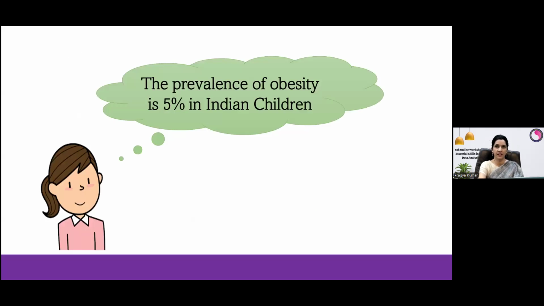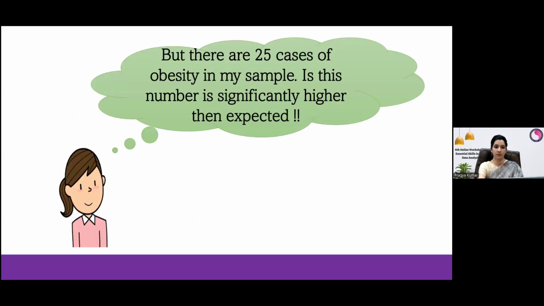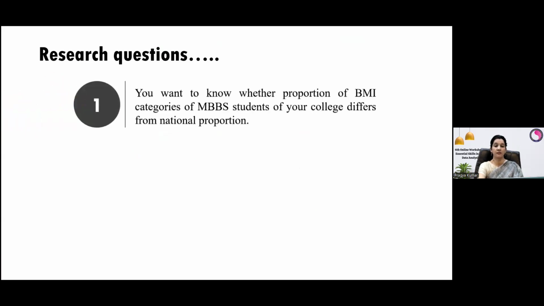Let's say the prevalence of obesity is 5% in Indian children, and in my study there are 25 cases of obesity in my sample. So this number is significantly different from the expected, counted the same way as the expected shown in the NFHS example.